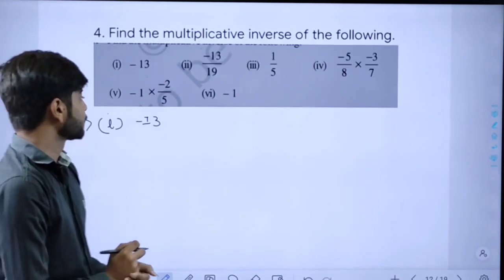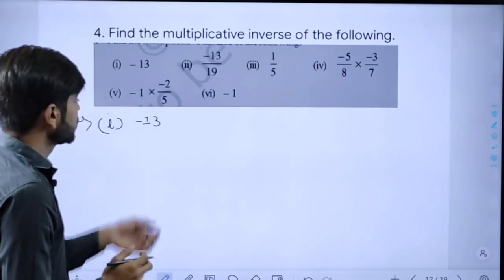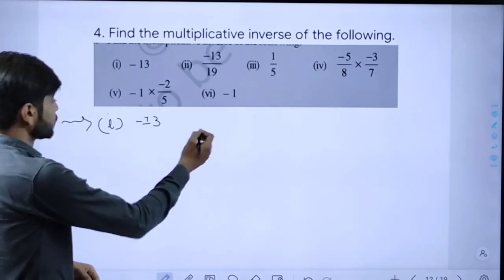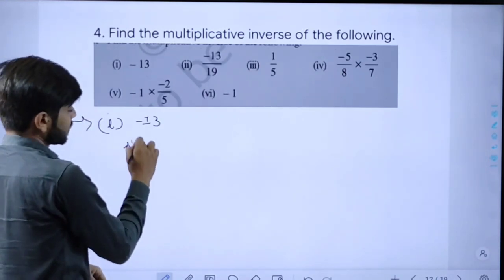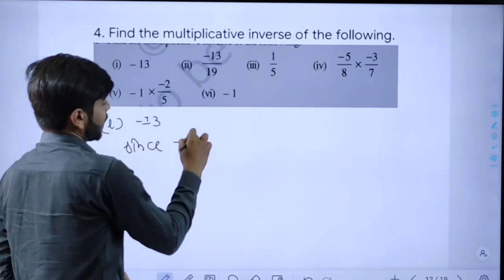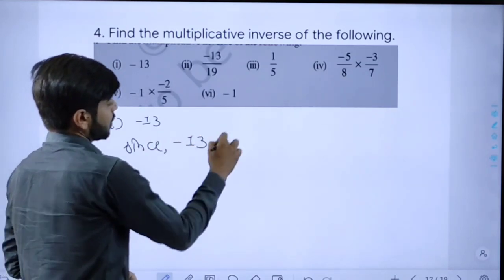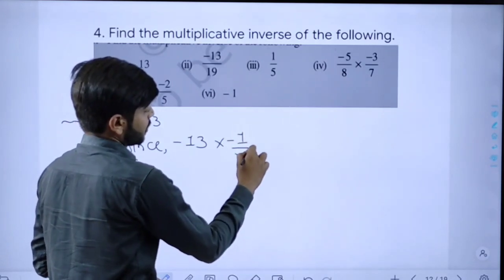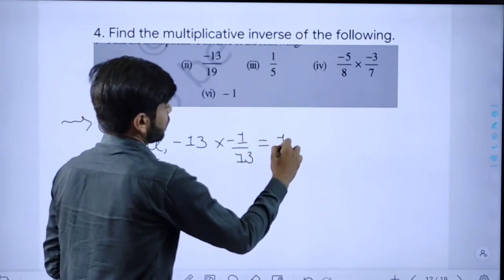So what will we do? We will change it to its reciprocal. Since minus 13 multiplied with minus 1 upon 13, we will get plus 1.